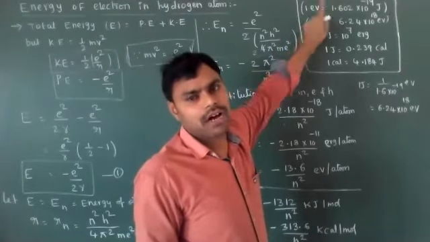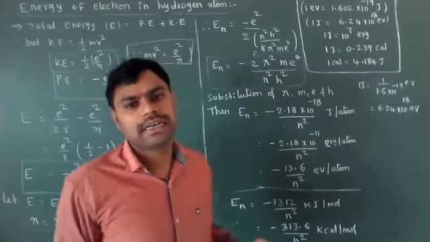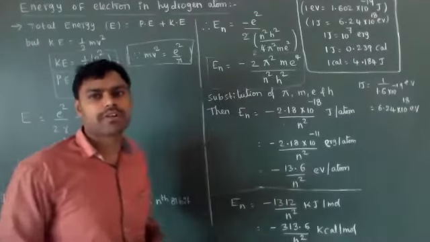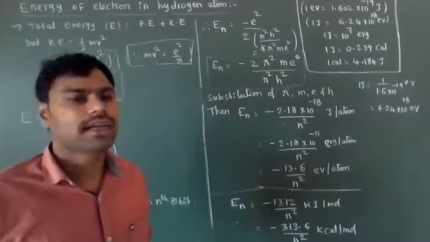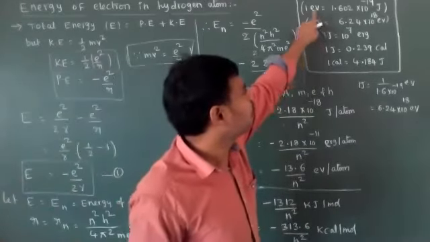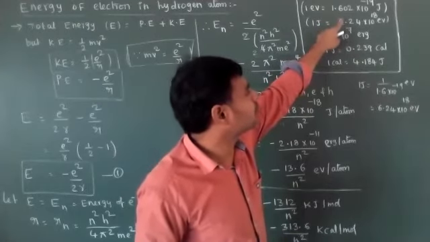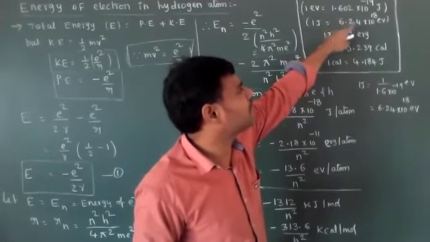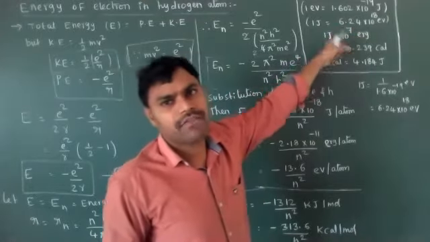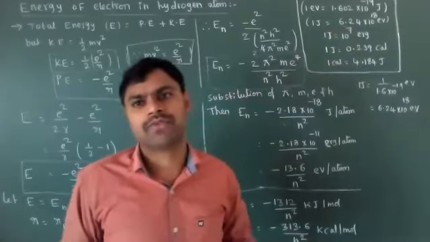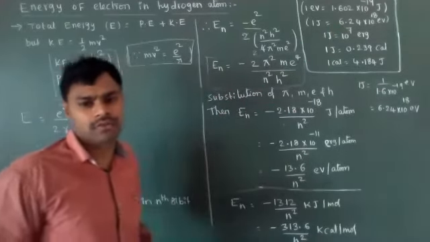So 1 electron volt is equal to 1.602 into 10 to the power of minus 19 joules. Then 1 joule is equal to 1 by 1.602 into 10 to the power of minus 19 eV. If simplified, approximately we get 6.24 into 10 to the power of 18 electron volts.